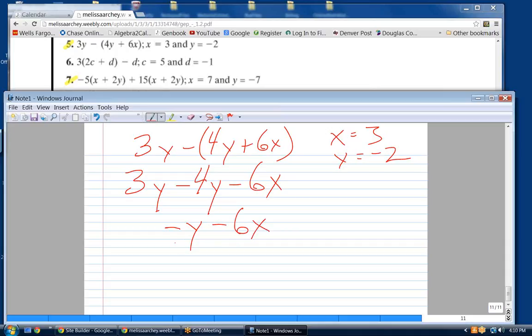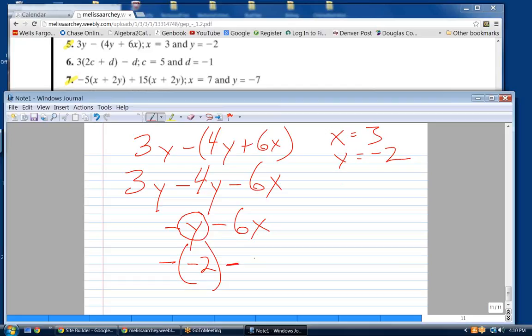So there's our expression. Negative 2 minus 18. Hold on. It's a negative 2. In other words, if we're going to substitute for y, we have to substitute negative 2 for it. Right, which makes it a negative 2.